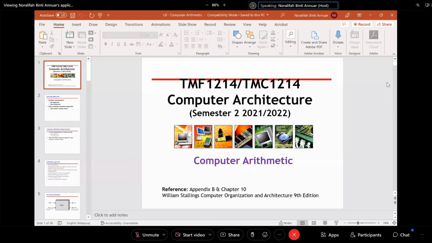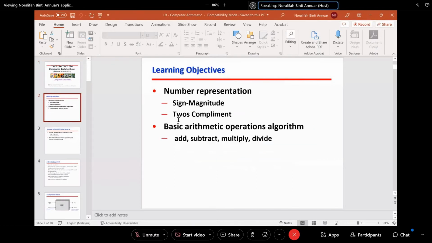One of the functions of the CPU is processing instructions. Also, an internal component in the CPU is the ALU, arithmetic logic unit, which performs the arithmetic and logic operations. Basically, we want to understand how the computer does the arithmetic operation. Itu yang kita nak belajar. Macam mana dia buat arithmetic operation.